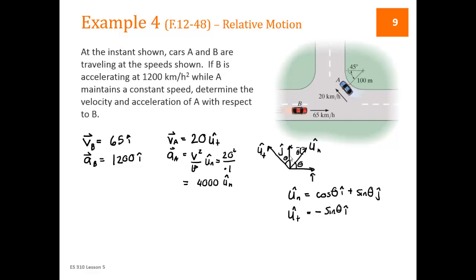And the j hat is positive, and it's adjacent to the theta, so plus cosine theta j hat.